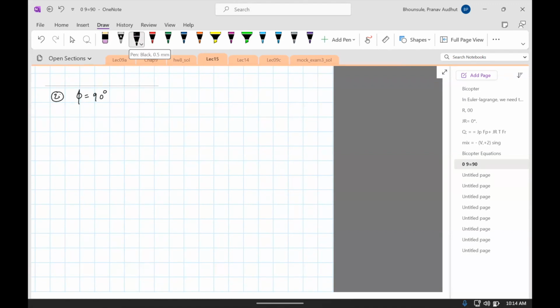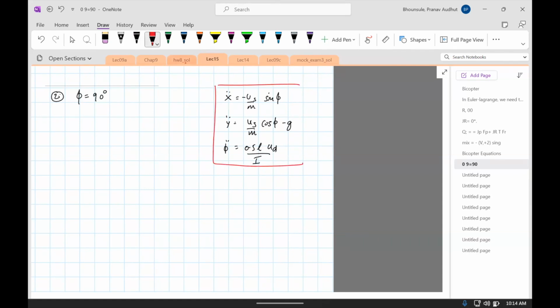The equations we wrote down were x double dot equals minus Us divided by m sine phi, y double dot equals Us divided by m cosine phi minus g, and phi double dot equals 0.5 L Ud divided by I. Now let me put phi equals 90, so we have x double dot equals minus Us divided by m times sine of 90, which is 1.